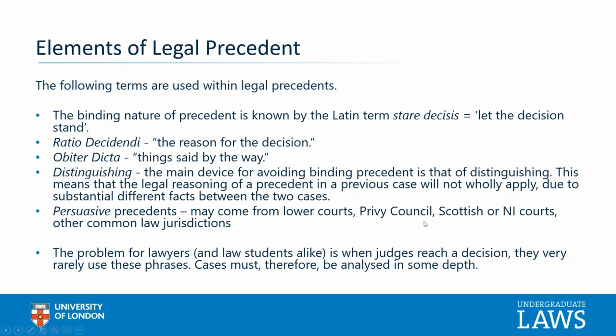A particular problem is that when a judge gives a decision they do not actually state this is the ratio, and quite often we look to later cases to see how the ratio operates in a previous case, and how judges interpret in a later case what the previous ratio was, and there can be an element of discretion there and an element of differences between the way cases are read.